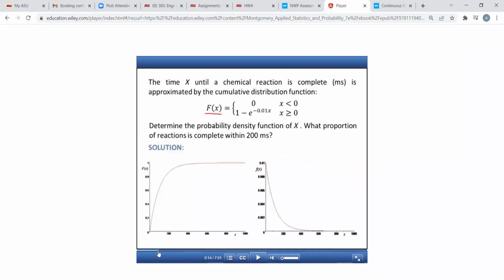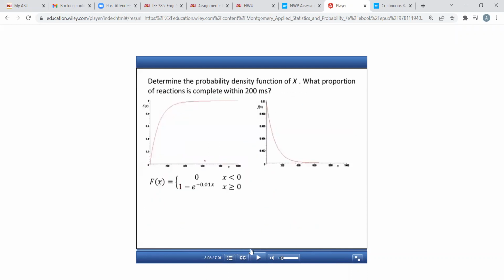My question was this here. Once we get to the actual computing of the problem, right here.